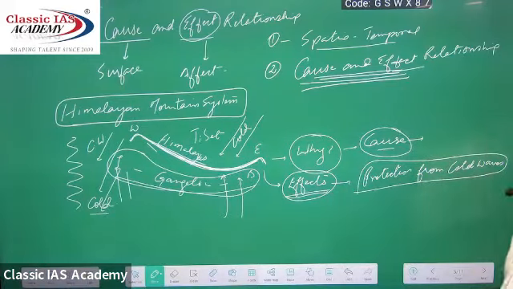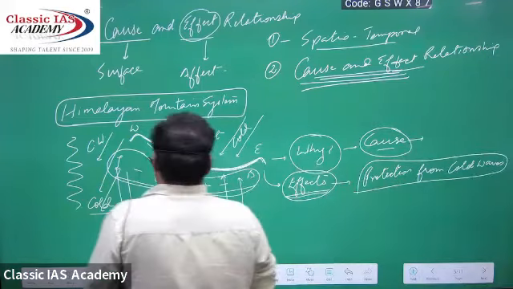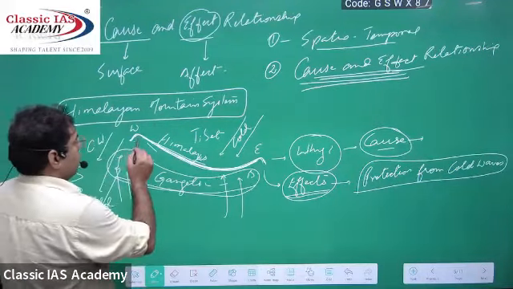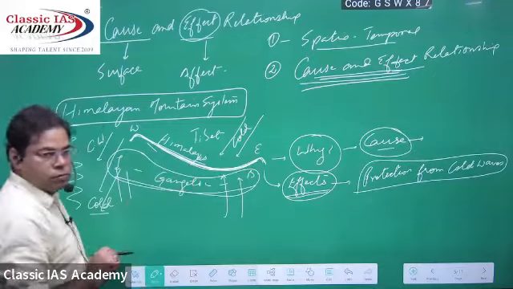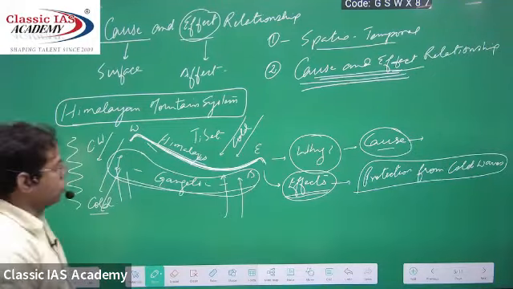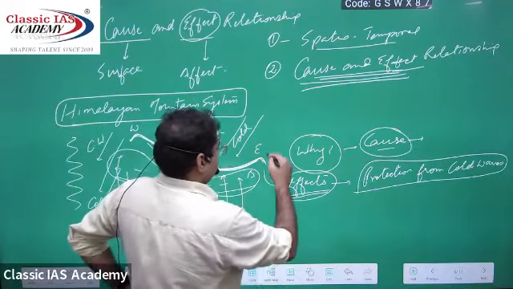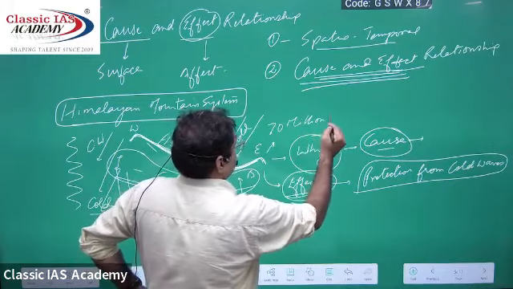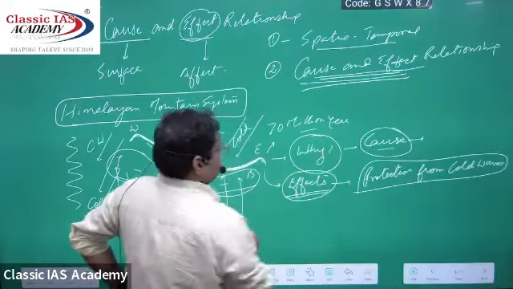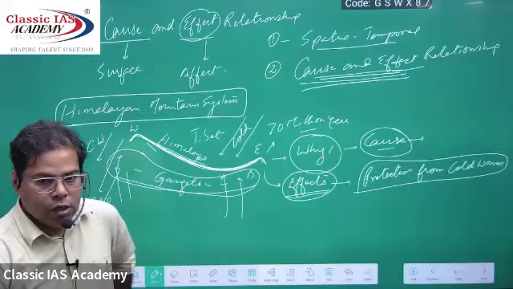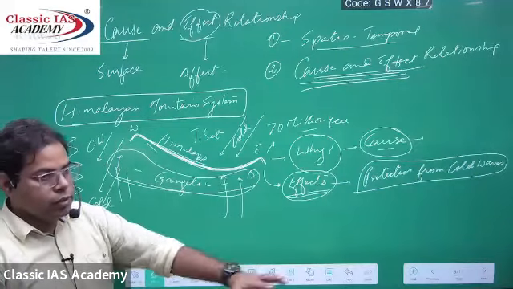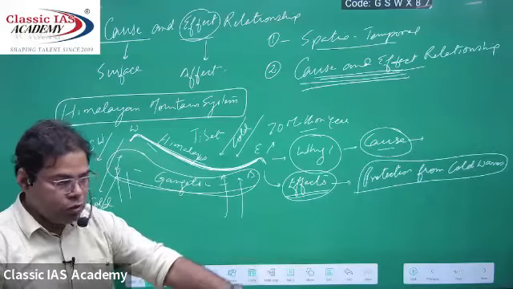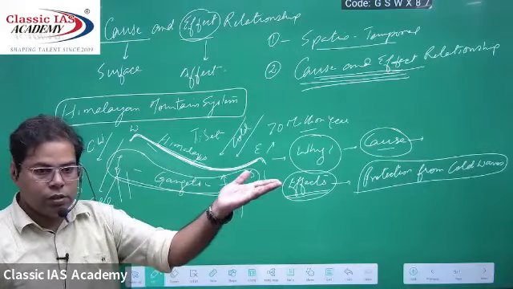Temporal means, so let's see. Now see. Temporal means earlier there was no Himalaya over here. Himalaya was not formed. In terms of the formation of Himalaya, the age of Himalaya is 70 million years to the present. Means this was completely an ocean, shallow water, and on that shallow water, the Himalaya has uplifted.